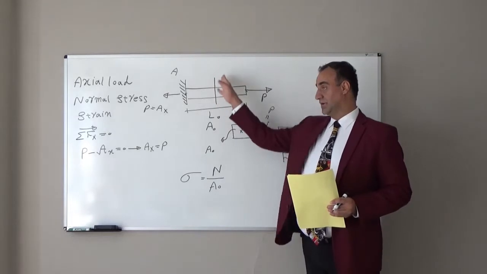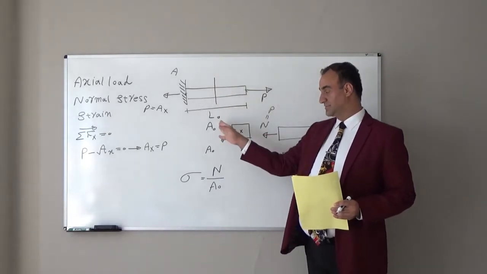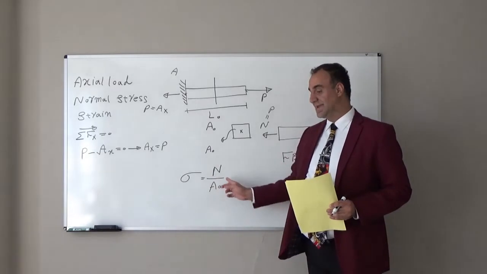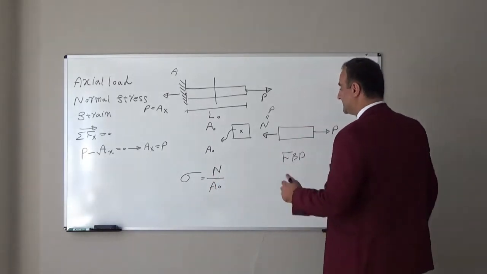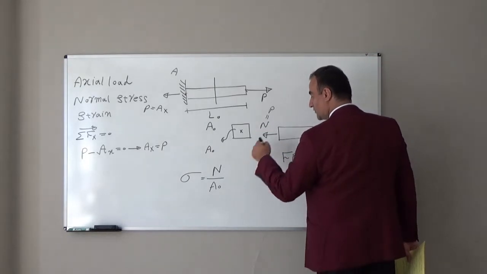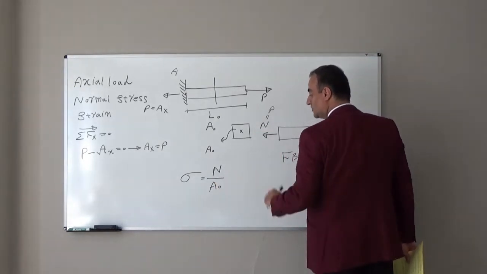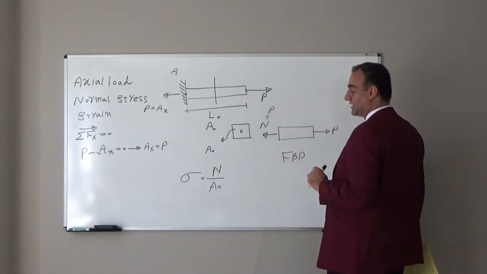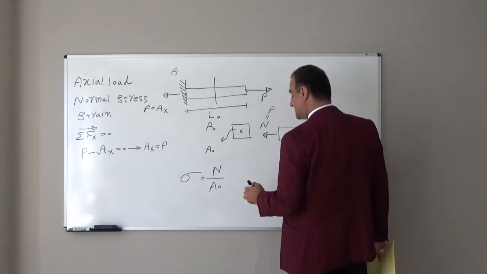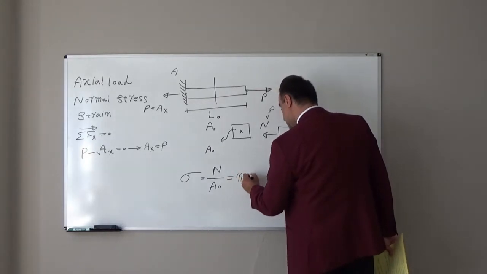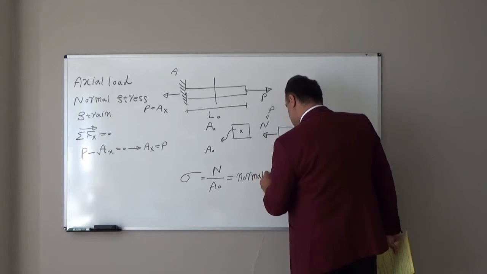The section cut is perpendicular to this bar, and the cross-sectional area is A naught. And I divide internal axial load N by the cross-sectional area A naught. We call this normal stress.